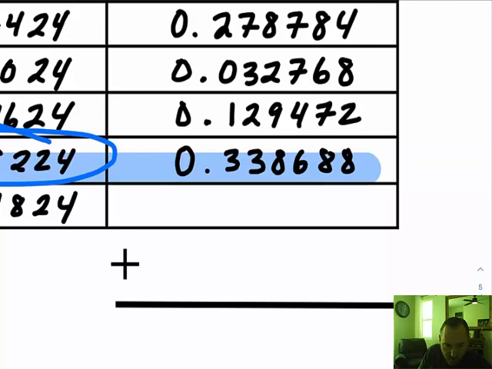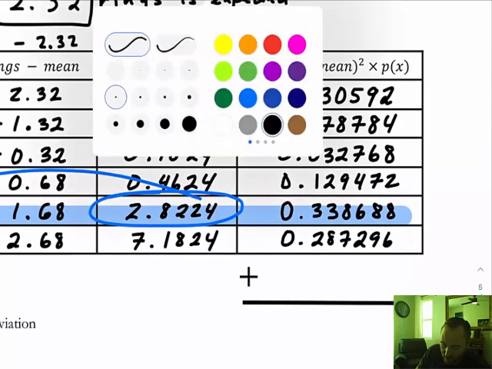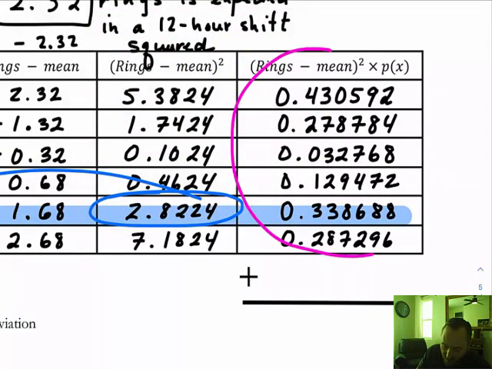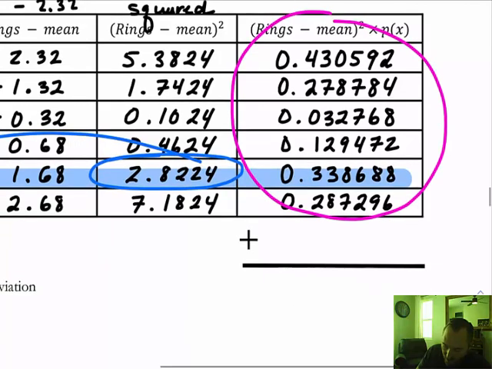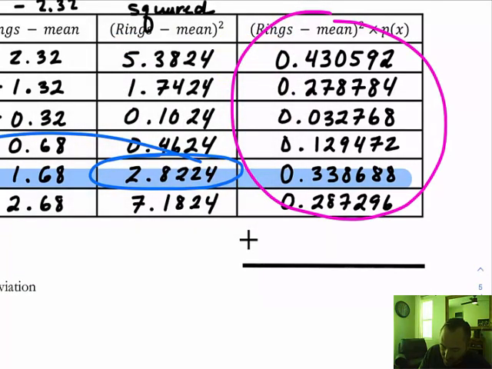And for this last one, that product is going to be the 0.04 times the 7.1824, which is 0.287296. And then what you finally want to do here is add up this column. That total down here is going to be our answer.